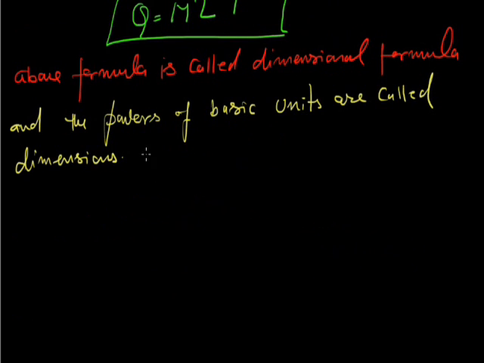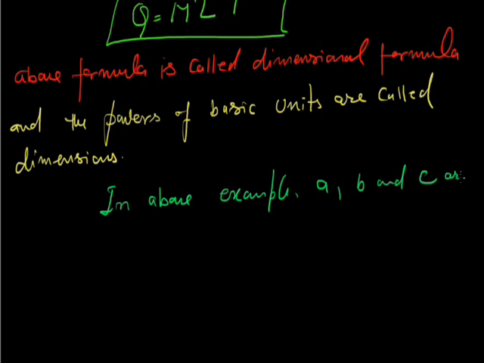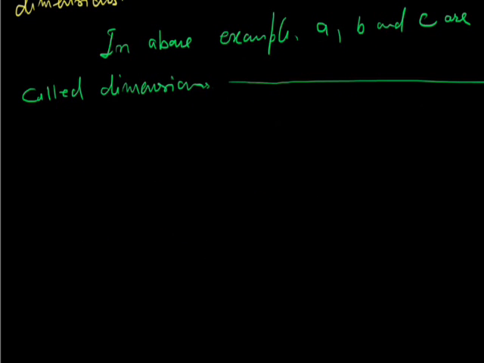In this example, a, b and c are called dimensions. Now come to the dimensional formula of different physical quantities.